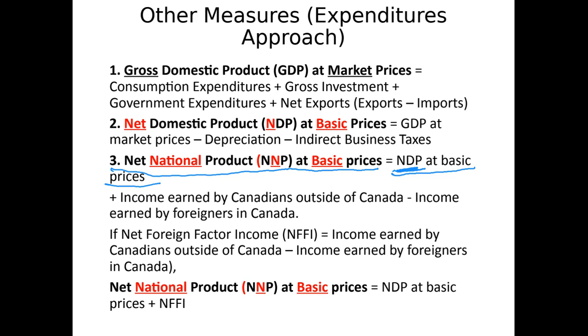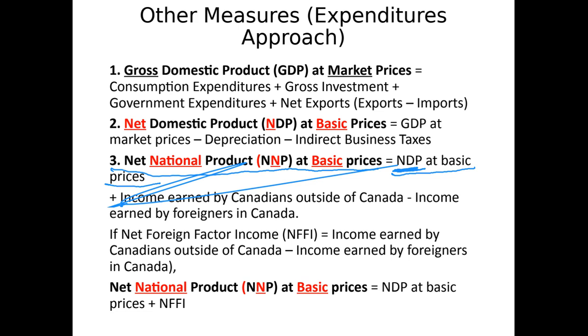So this is income earned by Canadians outside of Canada. We have to add that. And we have to subtract all those foreigners who are working in Canada, because their income will not be included in the national product. Domestic product is fine.